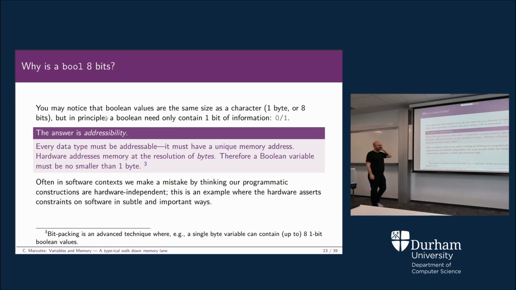I bring this up really to make the point that in software, we tend to make a mistake by thinking our programmatic constructions are hardware independent, that the code we've written here is going to be the same as when it's evaluated over there, and this is not always true. This is actually perhaps most acute for those of you who are coming into programming recently. For example, that laptop is x86, this desktop is x86, my laptop upstairs is ARM.